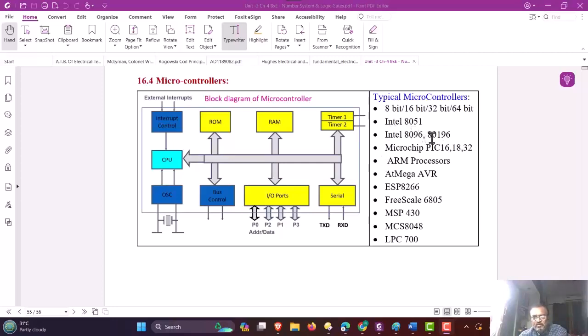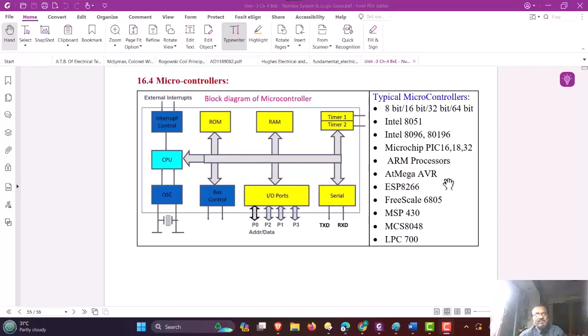Intel 8051 was a quite popular 8-bit microcontroller. Intel 8096 and 196 are other commonly used microcontrollers. The Microchip microcontrollers are very famous, that is the PIC series: PIC16, PIC18 and PIC32.